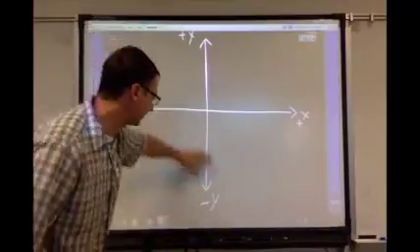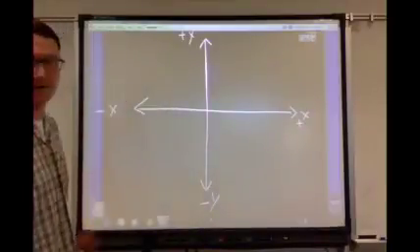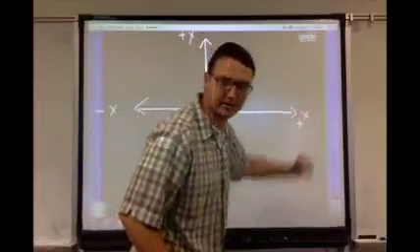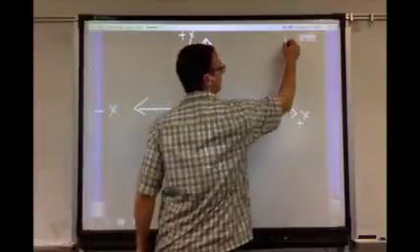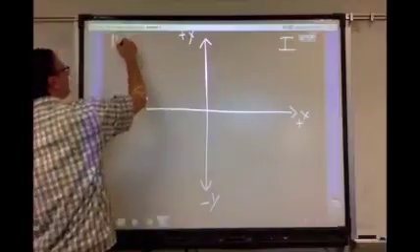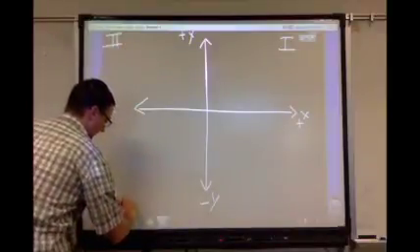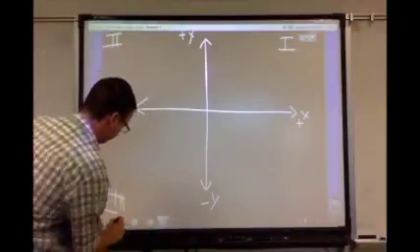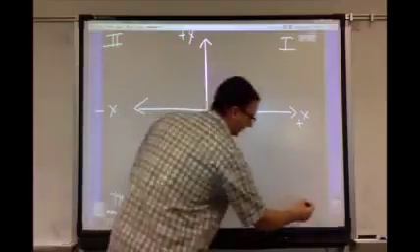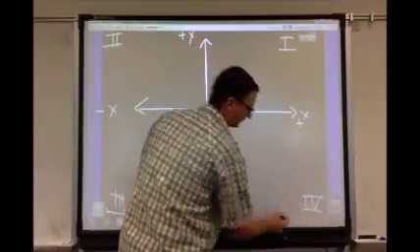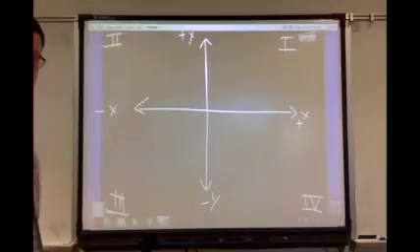So down here is negative y values, over here is negative x values, positive y, positive x values. We call this quadrant 1, 2, 3, and 4. So those are our 4 quadrants. That's why we call it a 4 quadrant system.